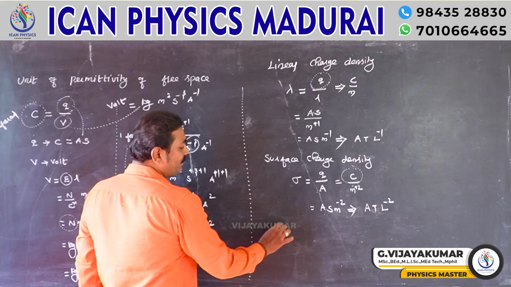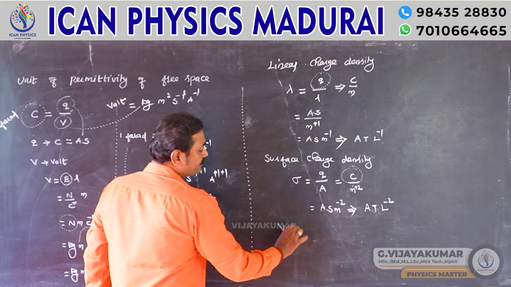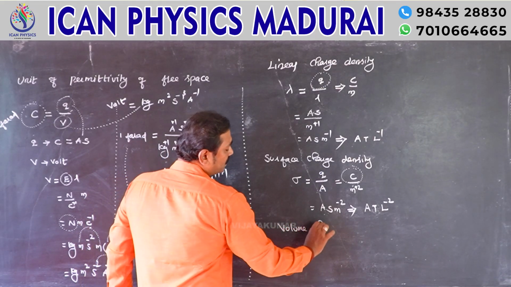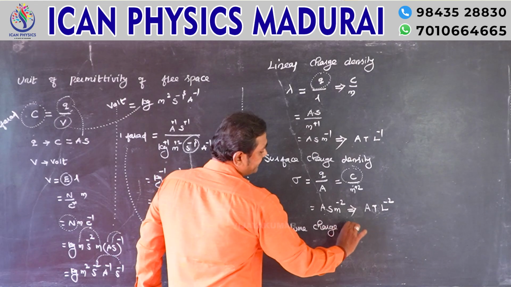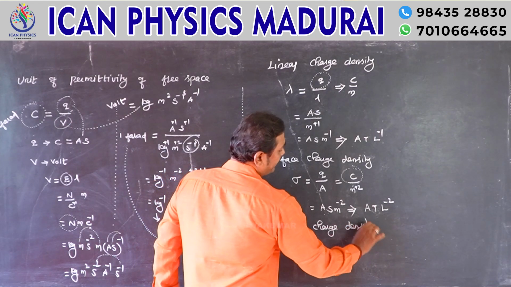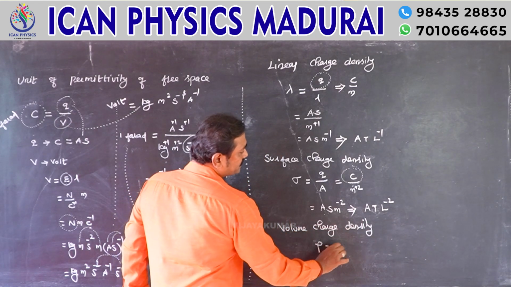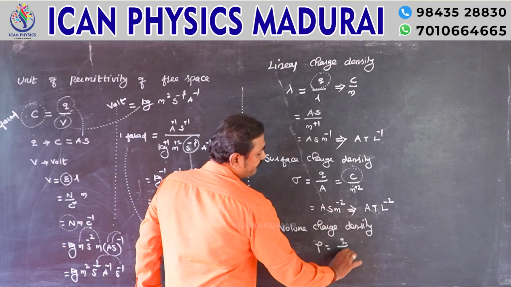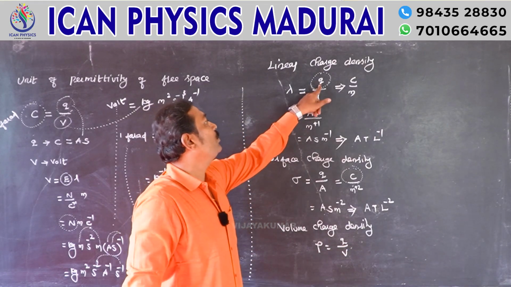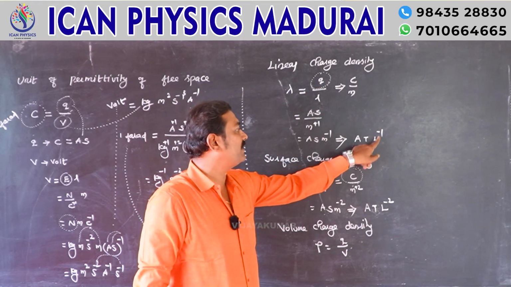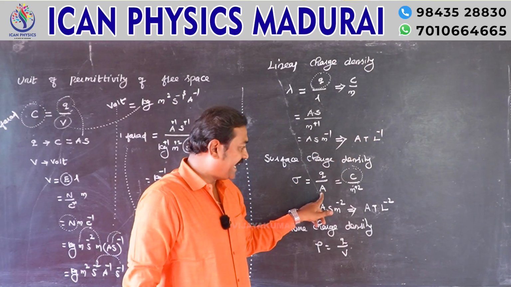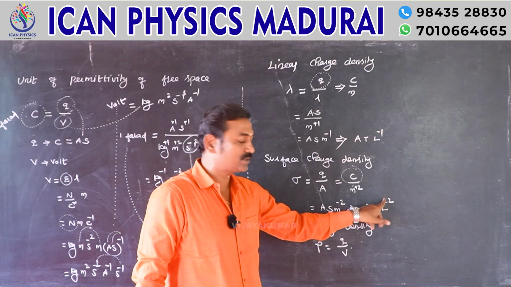And the final one is volume charge density. Volume charge density is equal to rho. Just see that one: Q by L gives L power minus 1, Q by A gives L power minus 2.